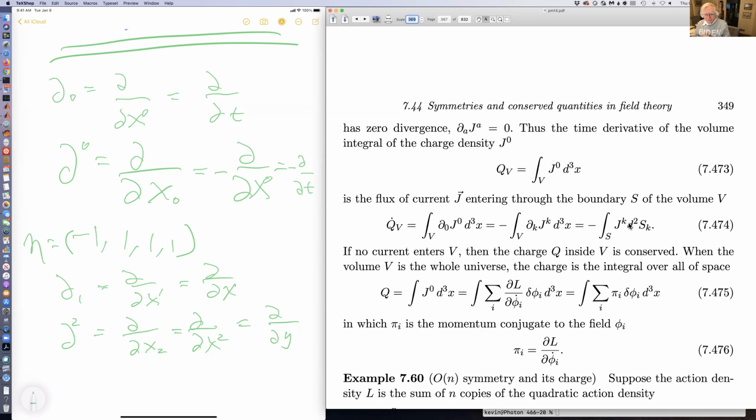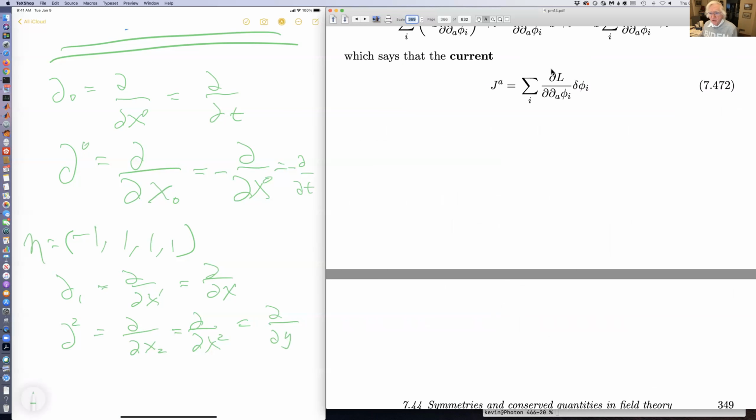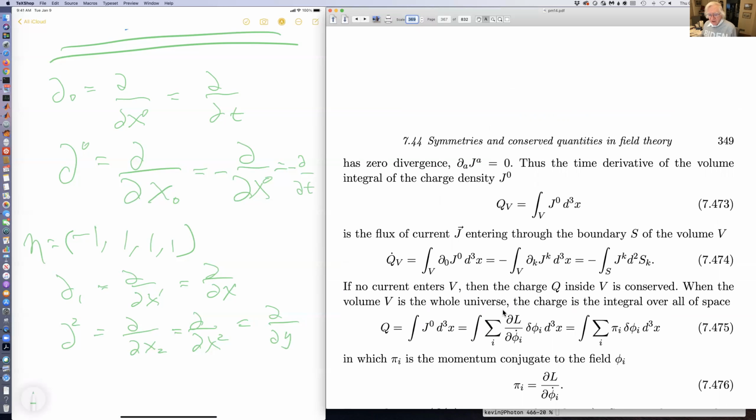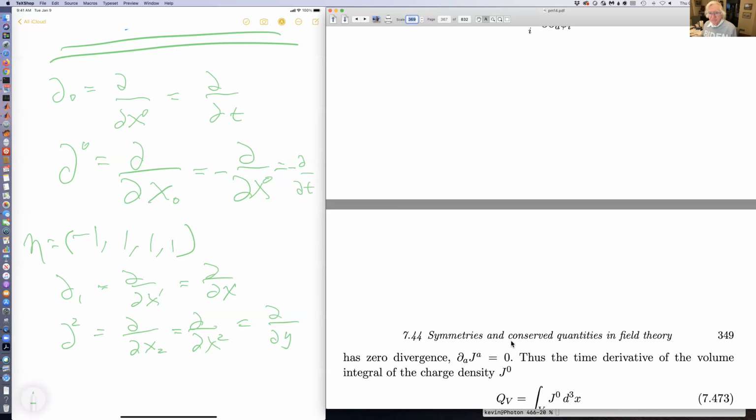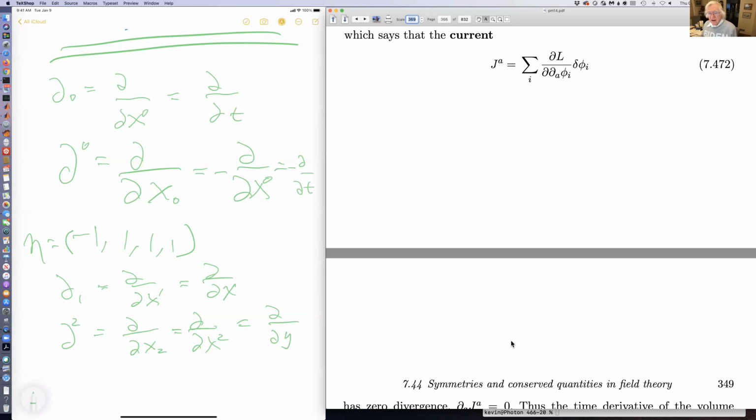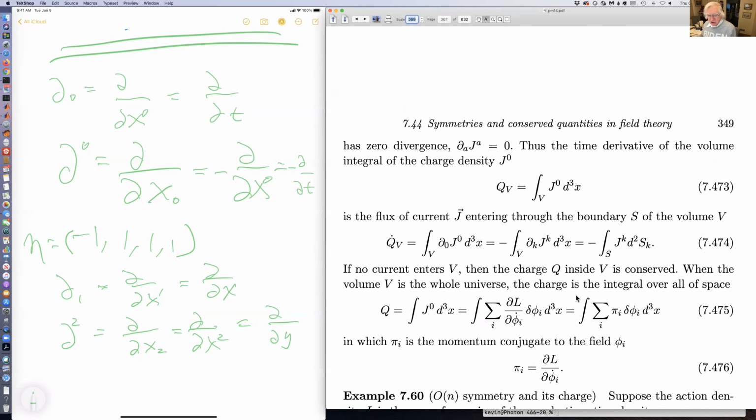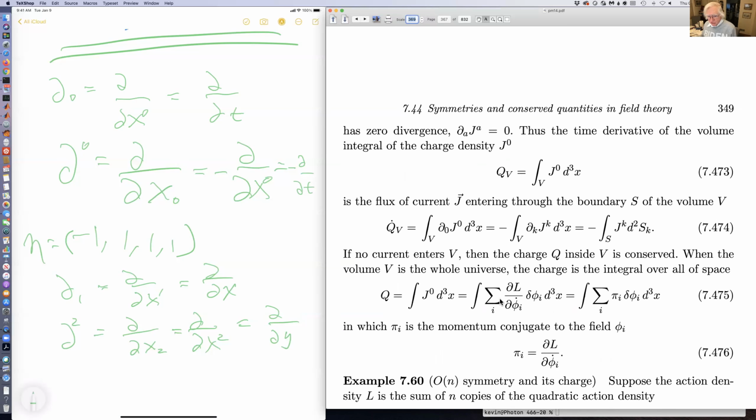And if the volume is all of space, then Q is the integral over all of space. What is J0? Well, J0 over here was the derivative with respect to phi dot, multiplied by the change in the field, summed over all the fields of the theory.